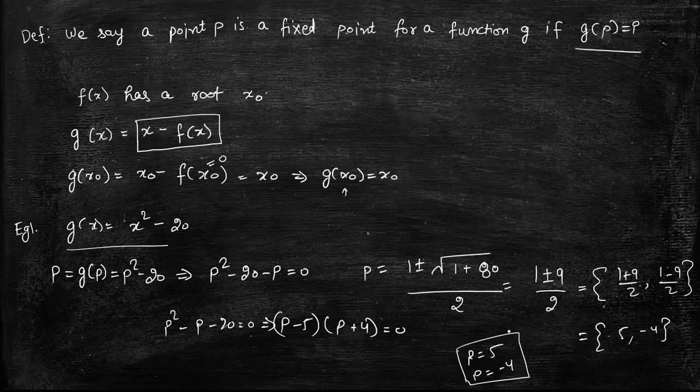So let us verify that. Although you don't need to verify this, for the sake of completeness, I am verifying that these are indeed fixed points of function g. So our g(x) is x square minus 20, and our first root was 5. So let us calculate g of 5, and g of 5 should come out to be 5.